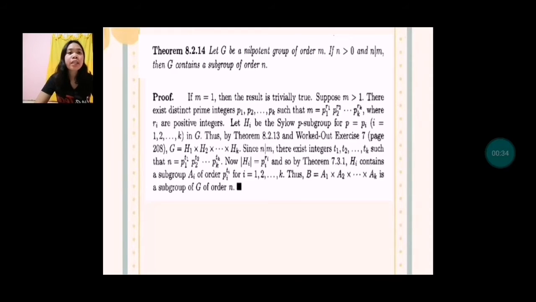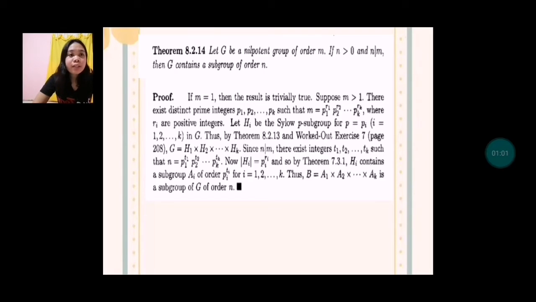There exist distinct prime integers p sub 1, p sub 2, and so on, p sub k, such that m equals p sub 1 to the power of r sub 1, p sub 2 to the power of r sub 2, and so on, p sub k to the power of r sub k, where r sub i are positive integers.